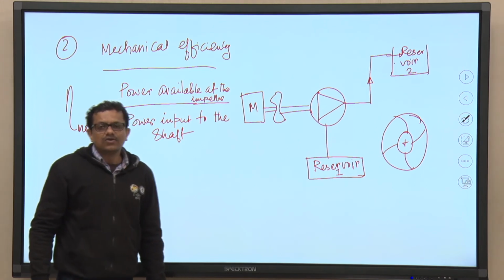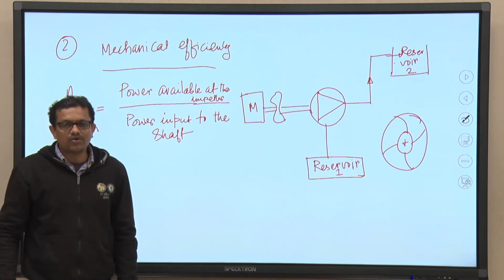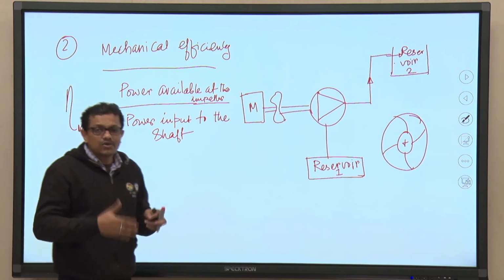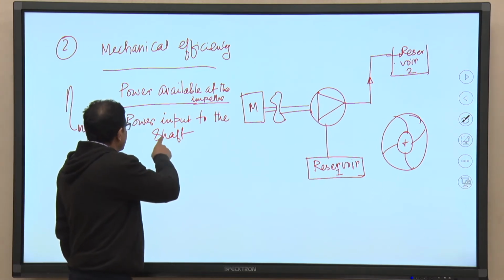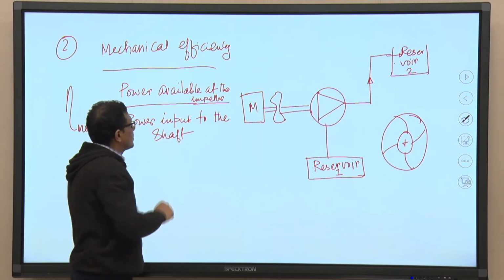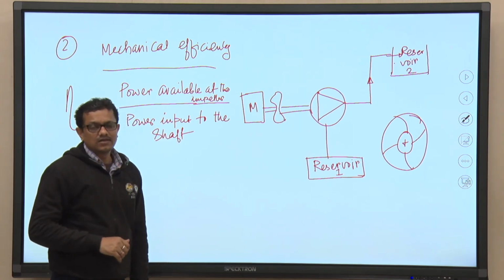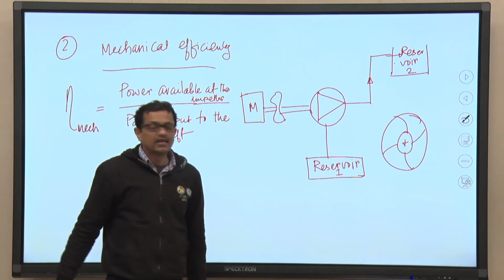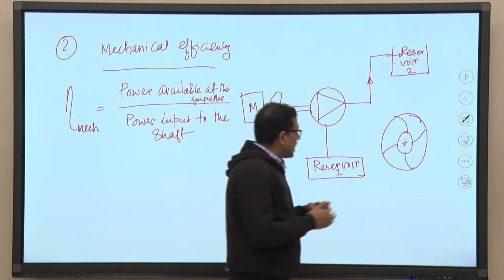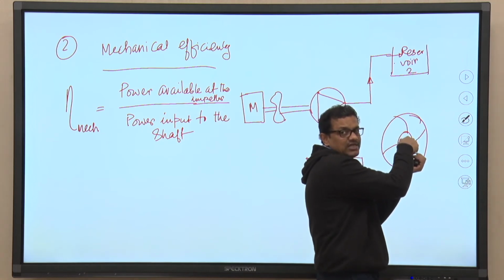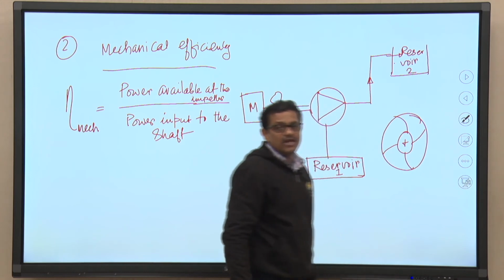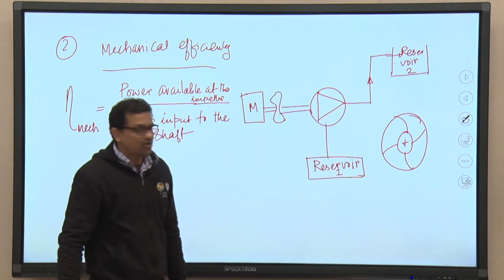Where are the losses? What are the different sources of this loss? Basically, input power is not equal to the power available at the impeller. So, what are the losses? Losses are bearing. Input power is given and it is rotating, so there will be bearing, gland, and also one important loss known as disc friction loss.